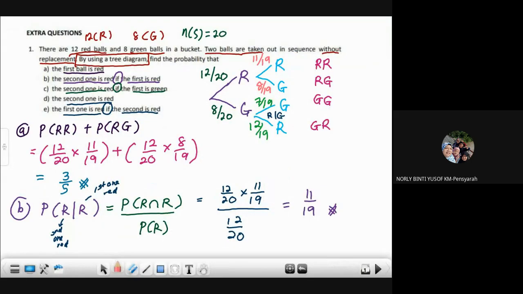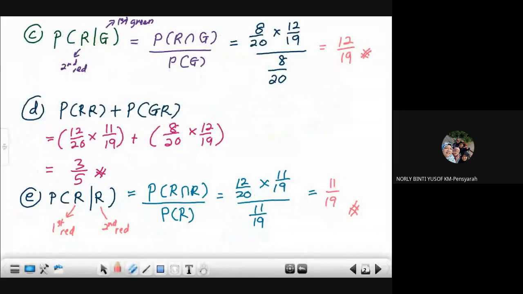And for B, first one, the given one is red. The probability that you find for the second one is red. Okay, tapi sebab because of your event for red intersect red dalam tree diagram tu hanya ada satu, so the value is the same. 12/20 times 11/19, then you will divide it by the probability of given, even though that is in the second ball.